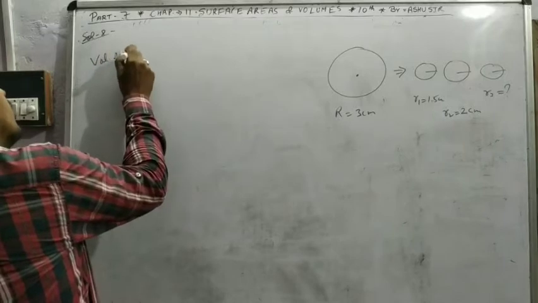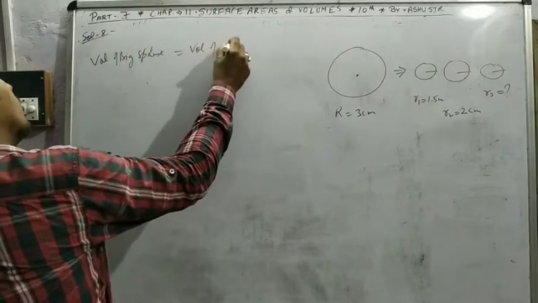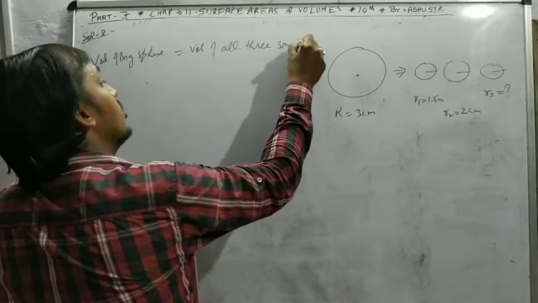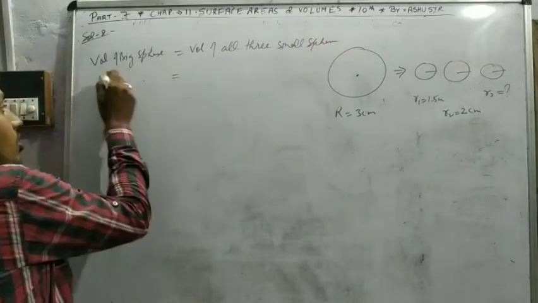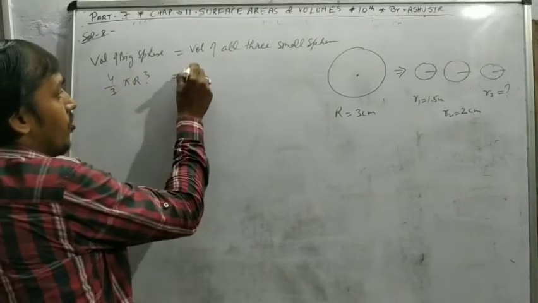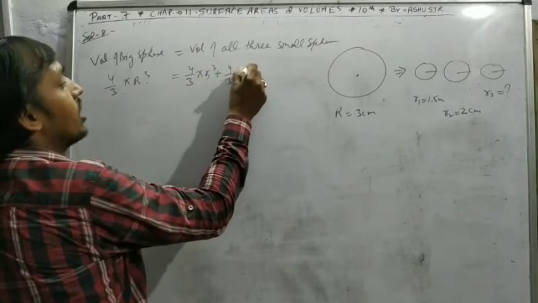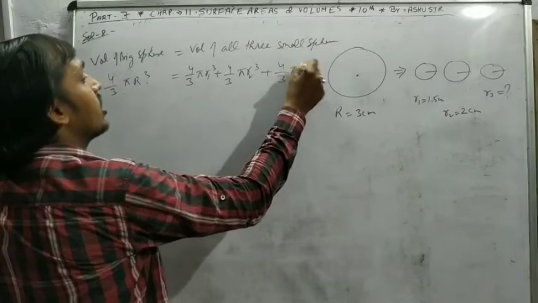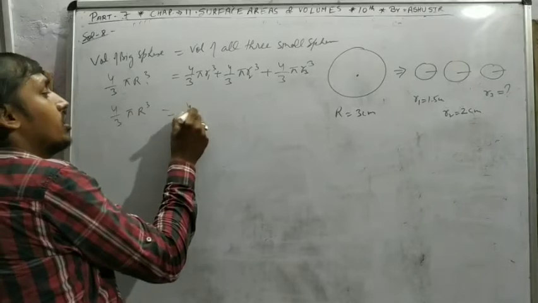Volume of the big sphere is equal to the volume of all 3 small spheres. 4 by 3 pi r cube equals 4 by 3 pi r1 cube plus 4 by 3 pi r2 cube plus 4 by 3 pi r3 cube. 4 by 3 is common in all.